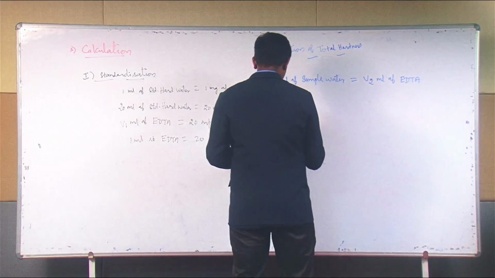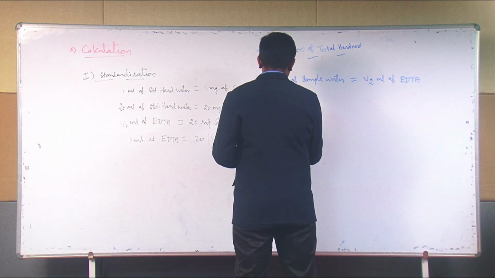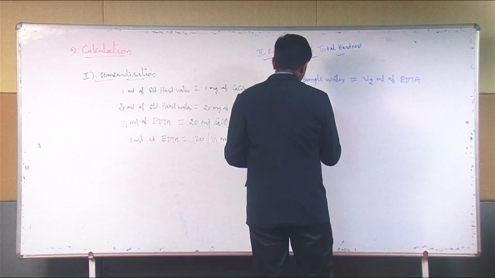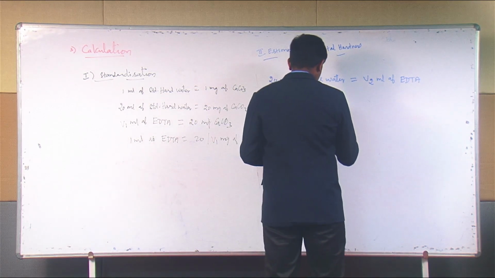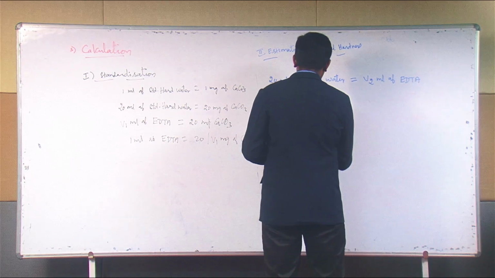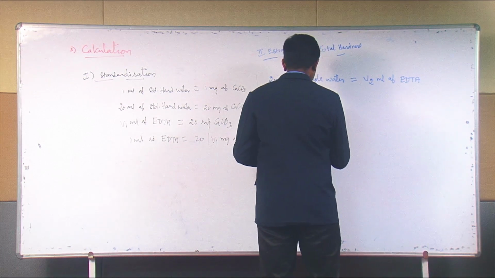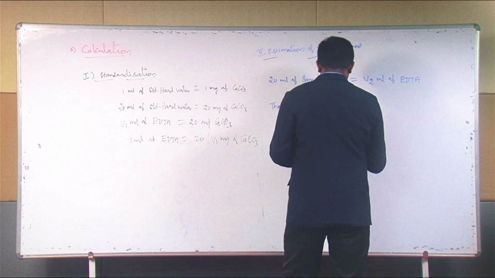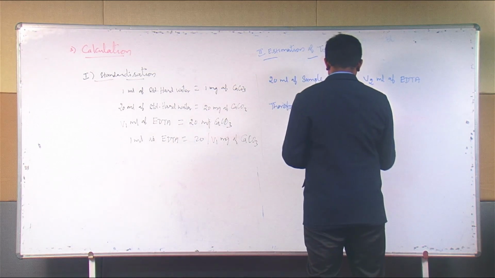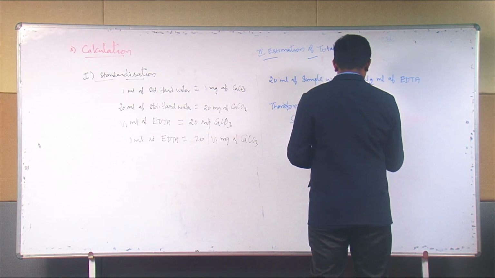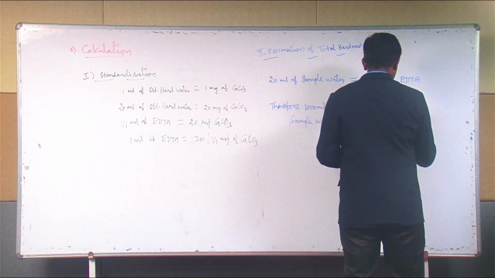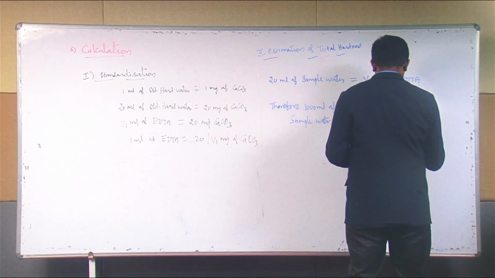Therefore, 1000 ml of sample water requires V2 by V1 into 20 into 1000 by 20.